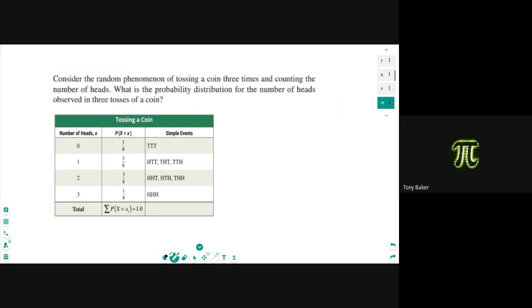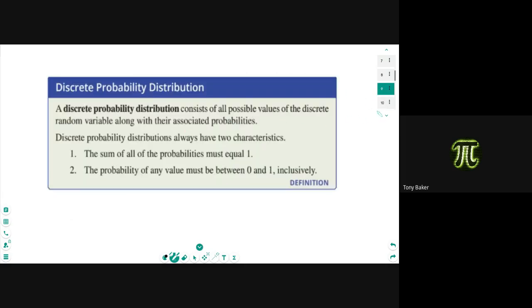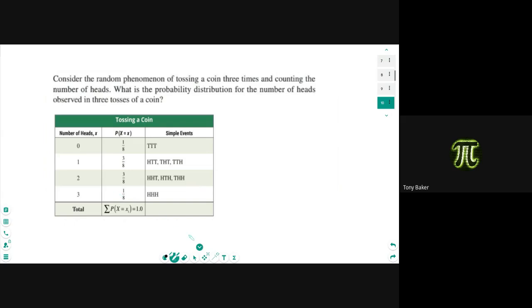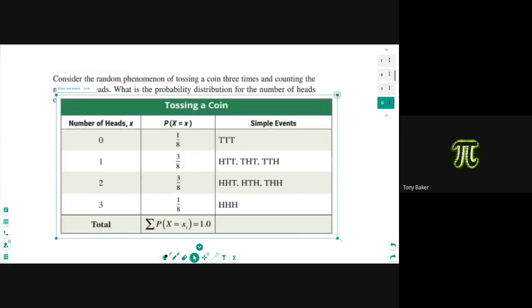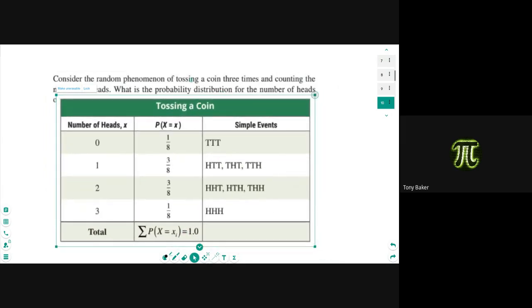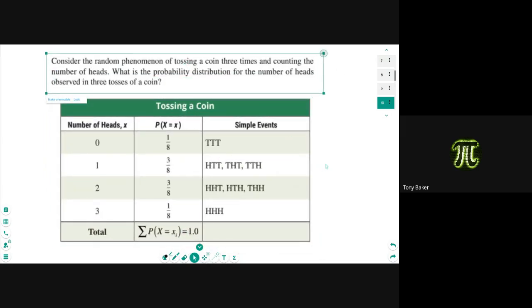Tossing a coin 3 times. Remember, we've done this one a couple times. First question. Is this a probability distribution or a discrete probability distribution based on this? Okay, so the probabilities add up to 1, and they are all between 0 and 1, correct?